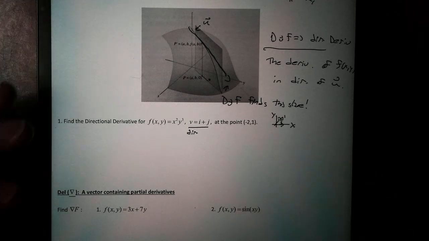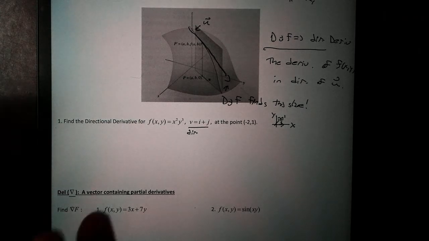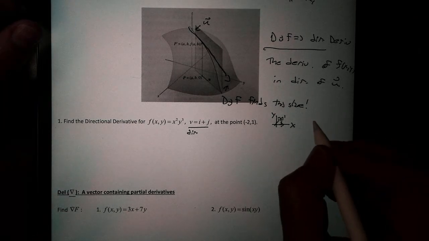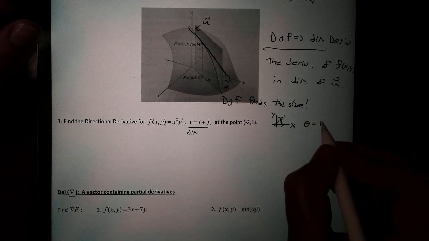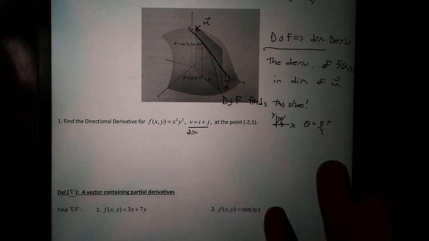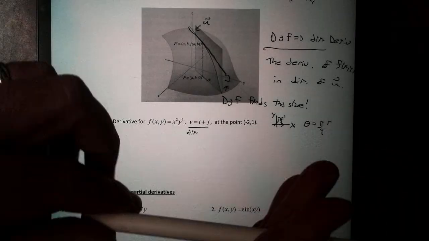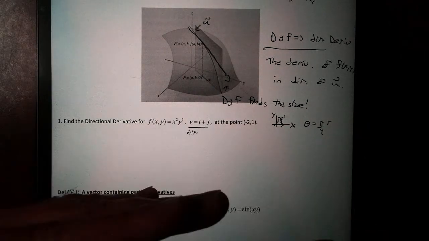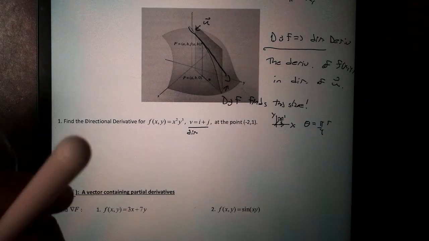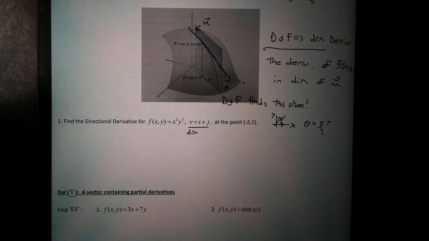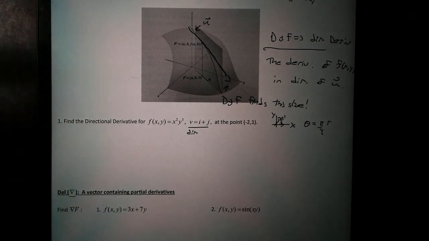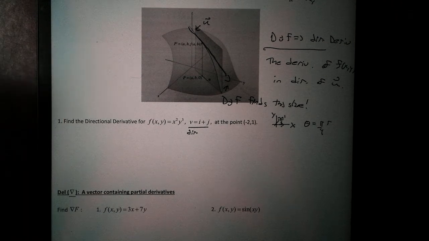So we're going in this direction, and you might easily say that's pi over 4 radians, or 45 degrees. So we're standing on the surface, and on the xy plane we're pointing at 45 degrees. We want to find the slope in that direction. What's the slope of the surface at that point in that direction?